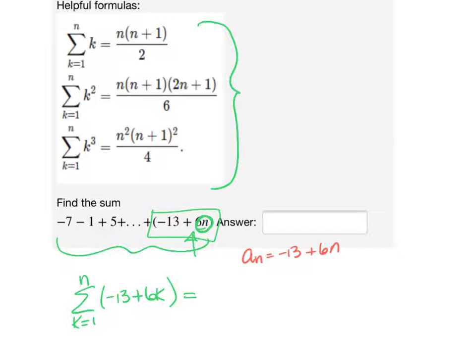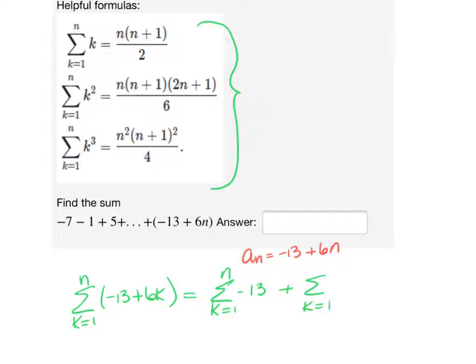Well, if that's true, which it is in this case, then I'm going to use the formulas up above. But first, I'm going to rewrite it. So it is the summation of k equals 1 to n of negative 13, and then plus the summation of k equals 1 to n of that 6k.